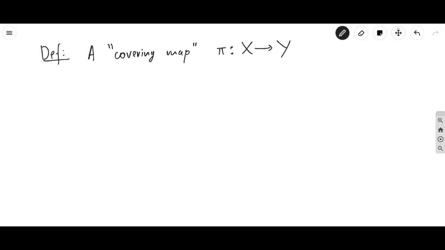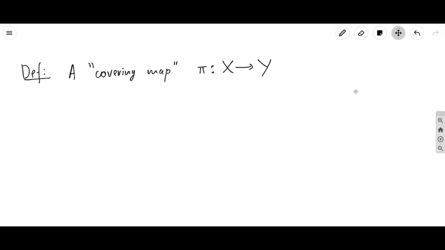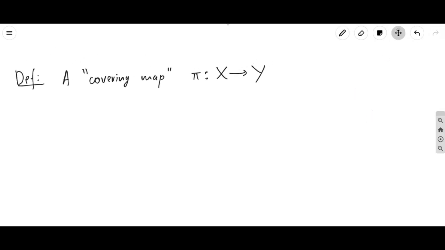So X and Y over here are topological spaces, and pi is going to be a continuous mapping. Let's actually assume all spaces are locally path connected.